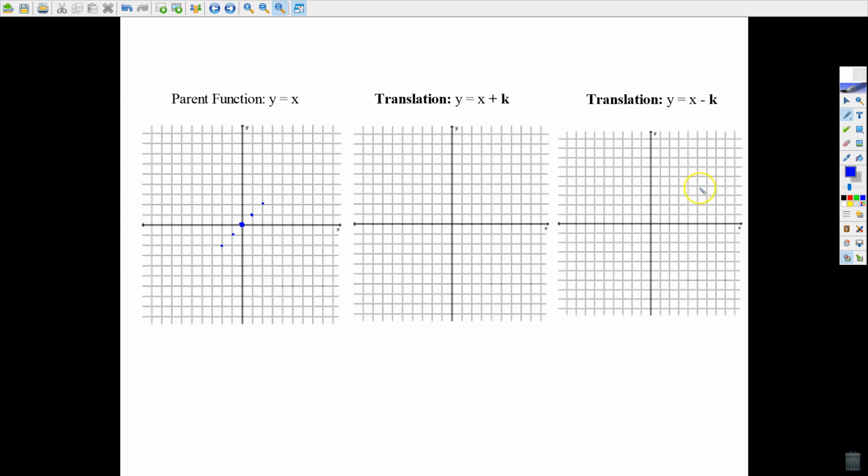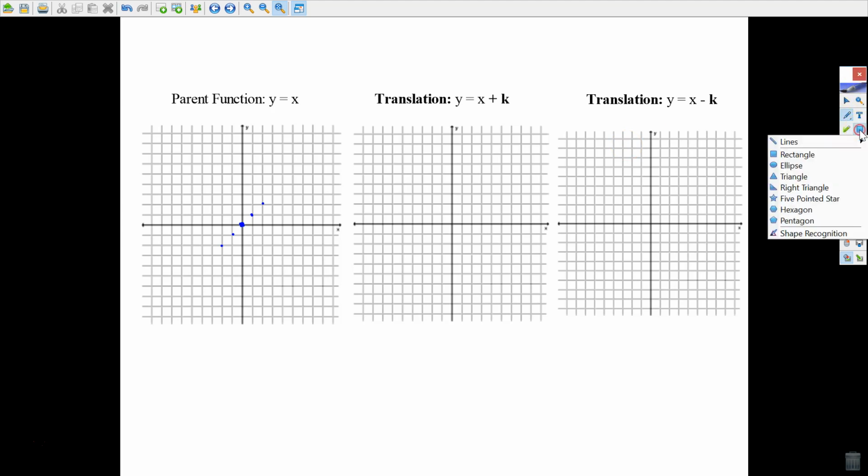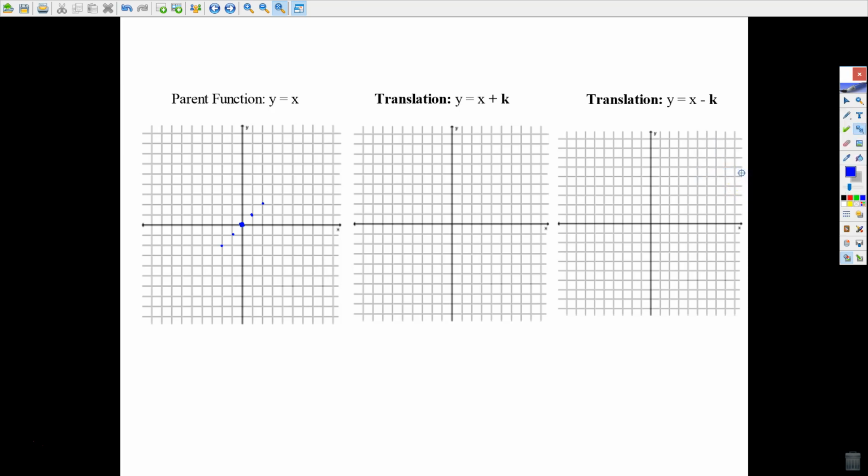And this is the graph of y equals x. It goes through the origin, slope of 1, positive. The line y equals x is important for other reasons that we'll talk about later, but it is one of our parent functions that I want you to be very familiar with going forward.